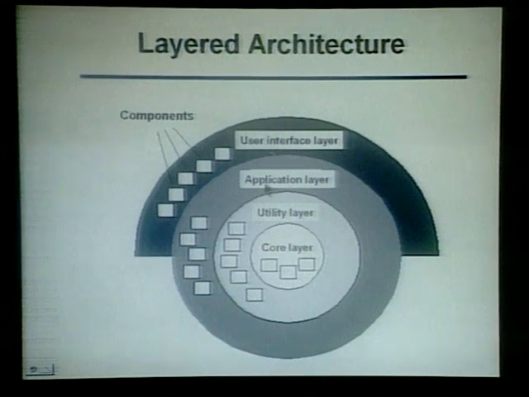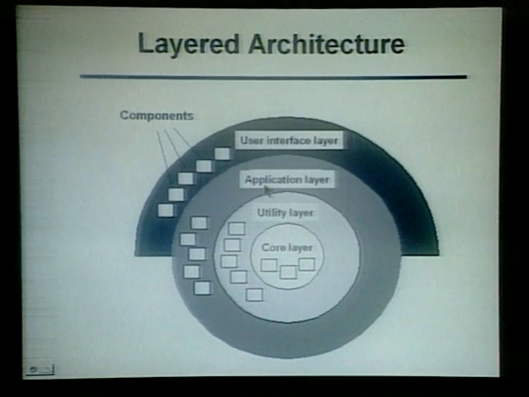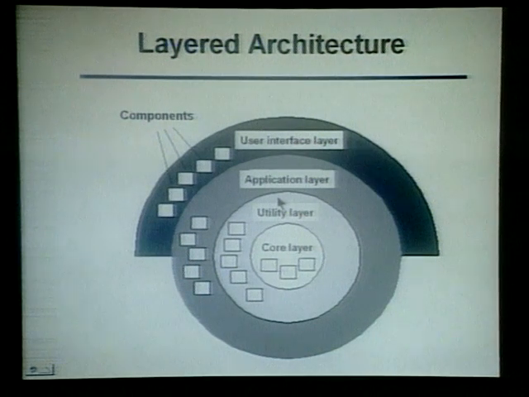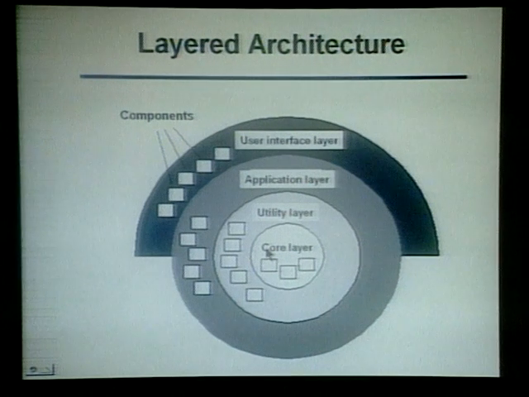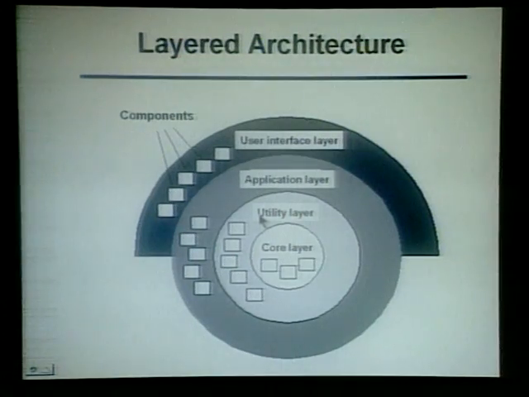Of course, the names of the layers are not important here. You might have different layers depending on the application you are developing. The basic idea is that the software has been developed in a number of layers, where each layer provides some functionality and some kind of interface and services which are used by the layer above it.